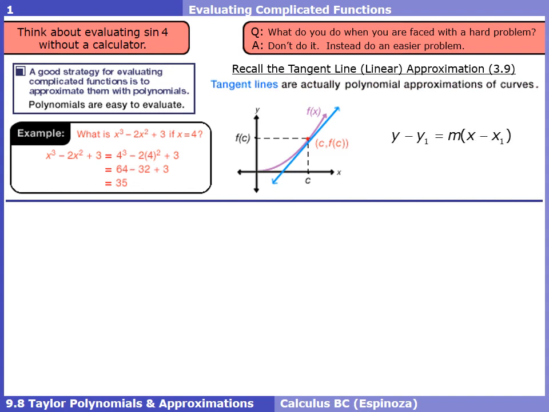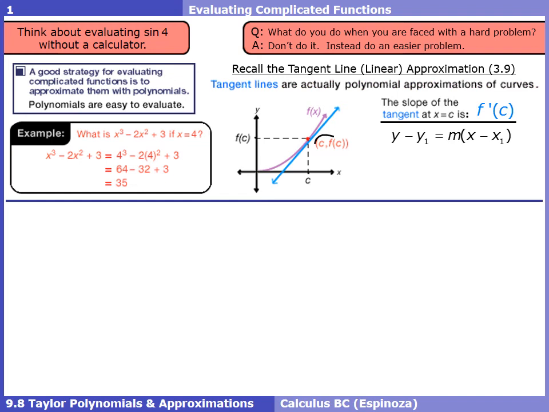So we started off with our good old point slope formula, and I'm going to use this information here to write out the version that we need. The point that we're looking at here is c comma f of c. For our tangent line, we need a point and a slope. We already have our point, it's c comma f of c. So we need our slope, and to find the slope we would take the derivative, f prime, and f prime of x, and then we need the tangent line at that point c, so it would be f prime of c.